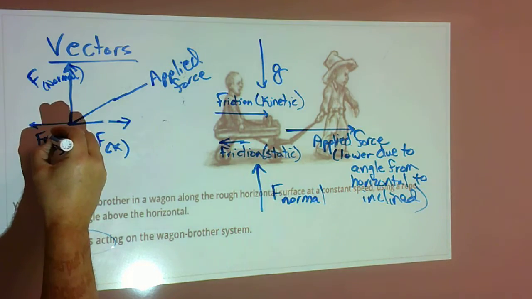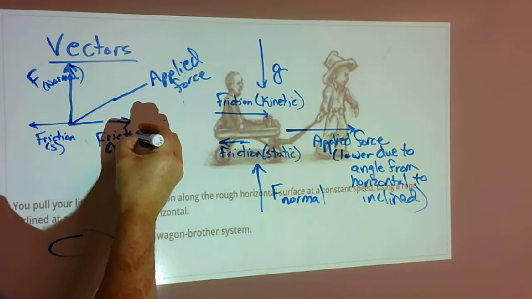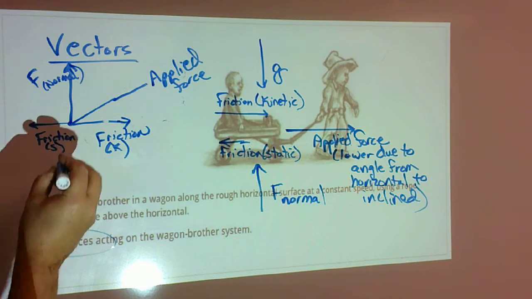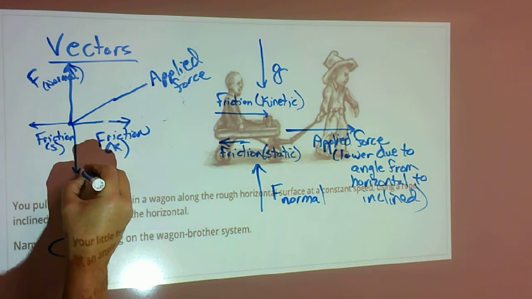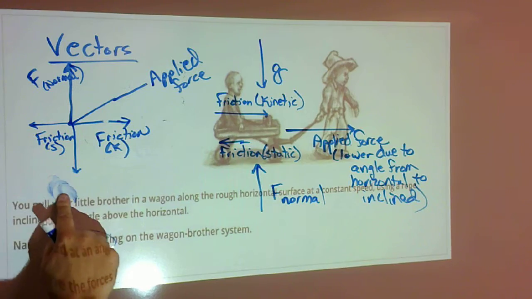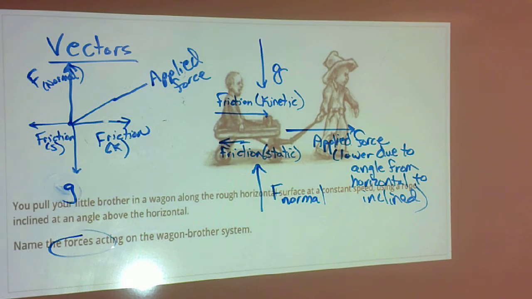I would say this one should be friction. And when you're writing these out, try to be a little specific. Force normal, they'll know what it is. And then what would be my last one? Well, my gravitational force, I'll just put G, would be the same magnitude as this one.